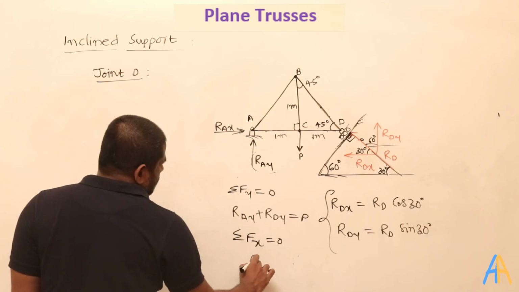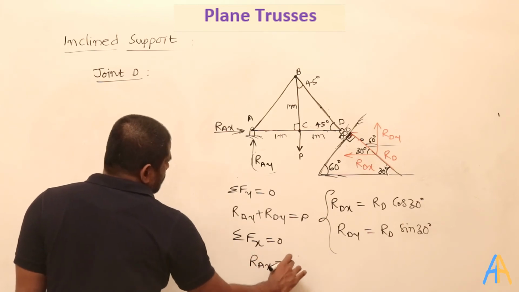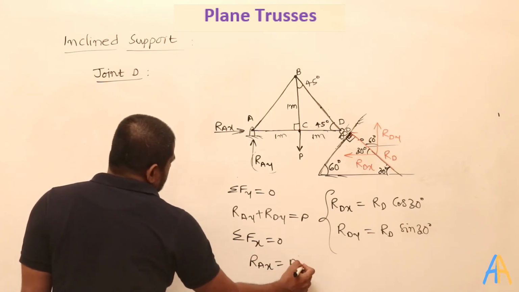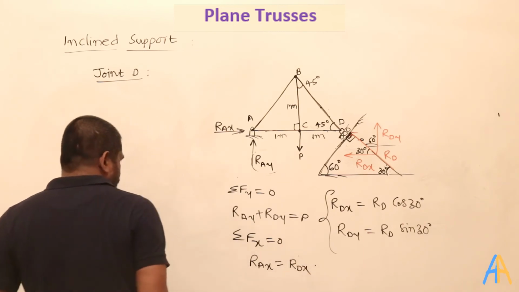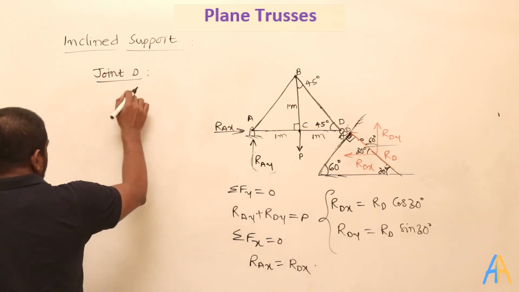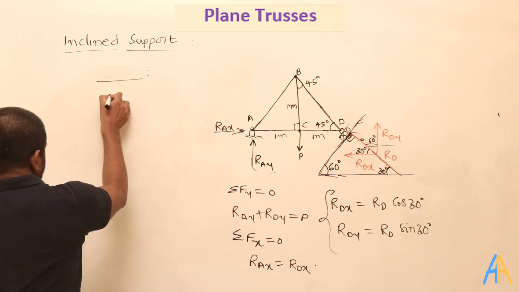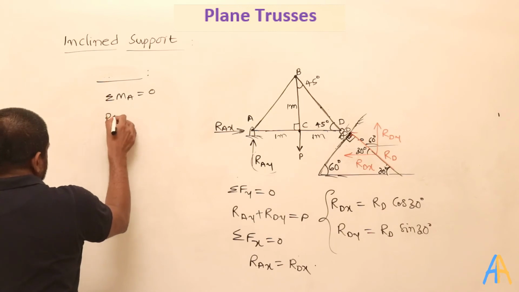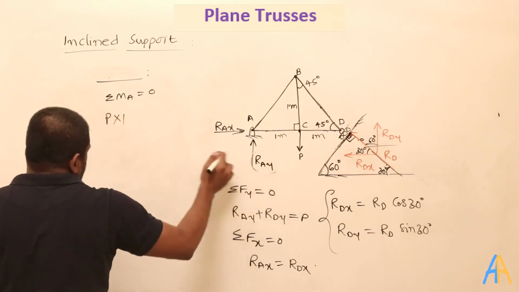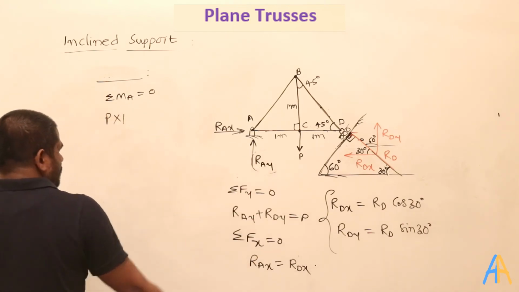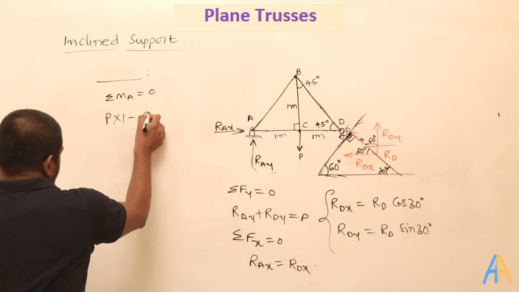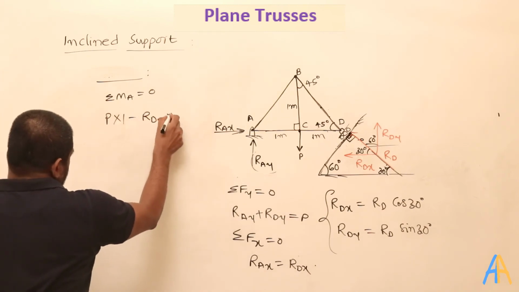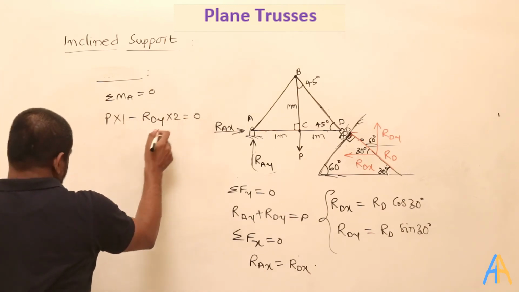That means here RAX equal to RDX. And after that, sigma MA equal to 0. That means P, which is at a distance of 1, and then the vertical component, that is RDY, which is at a distance of 2, equal to 0.